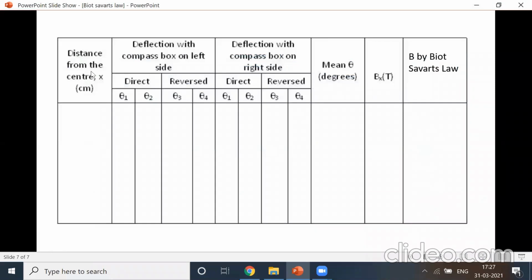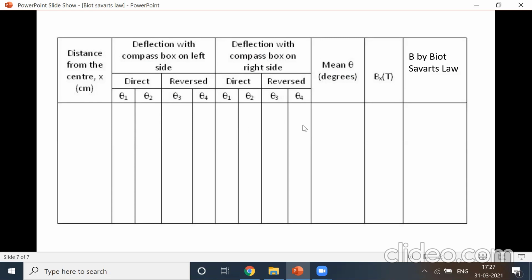In this table we will record the distance from the center, that is x. When the compass box is on the left side, note down theta 1 and theta 2. When the compass box is on the right side, note down theta 1 and theta 2 for direct and reverse current.